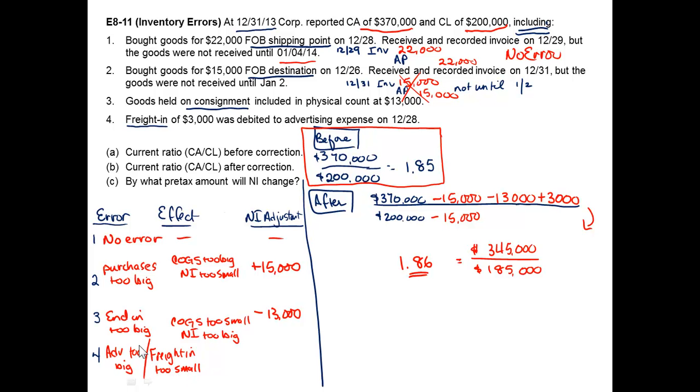So if we shift these around, so advertising goes down and freight in goes up, it's a wash, and there is no adjustment. So the overall adjustment is we're going to increase net income by $2,000.